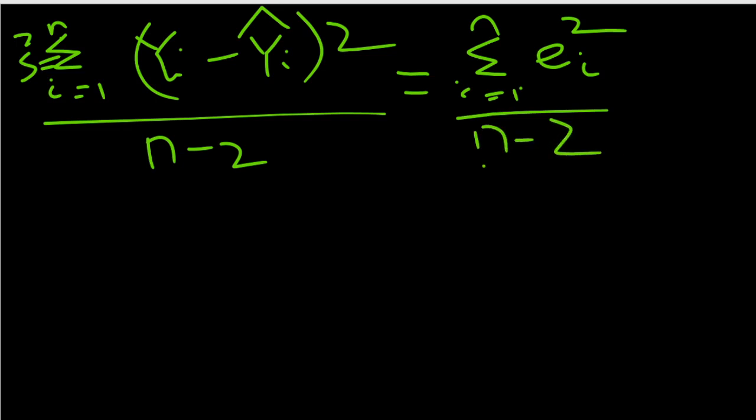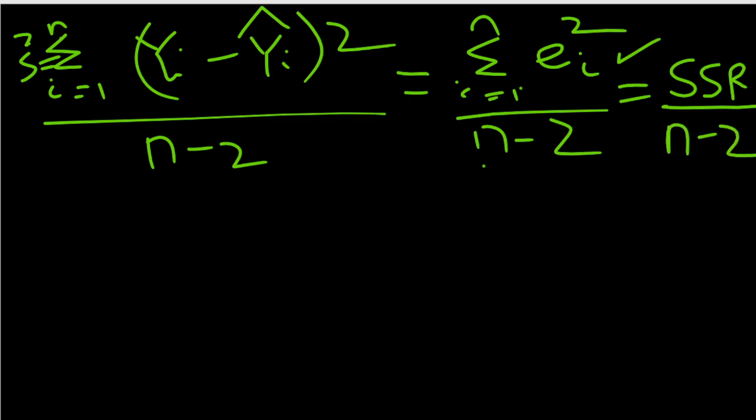Now this summation of epsilon i square is nothing but your SSR, sum of squared residuals, also called RSS, not ESS, sorry.